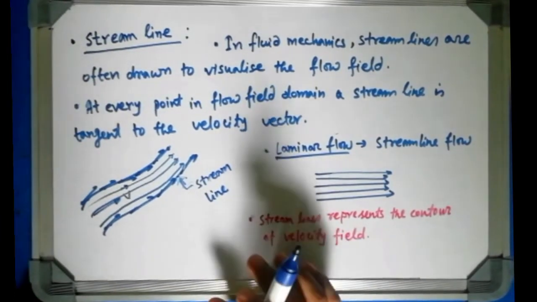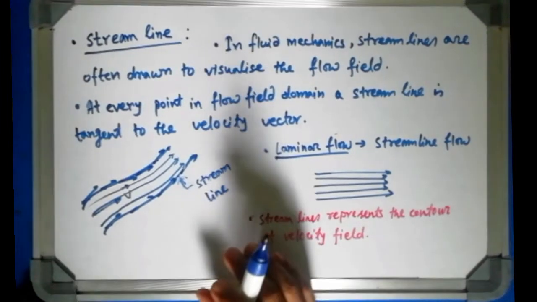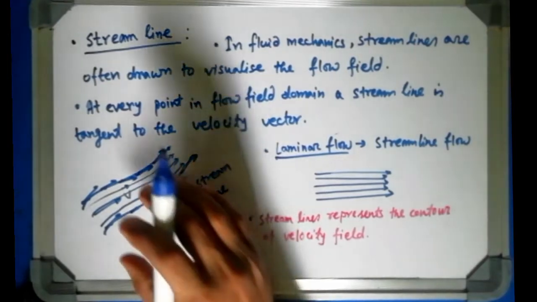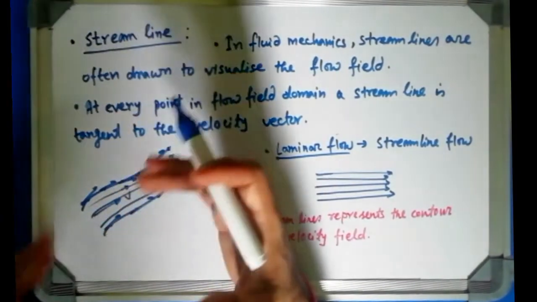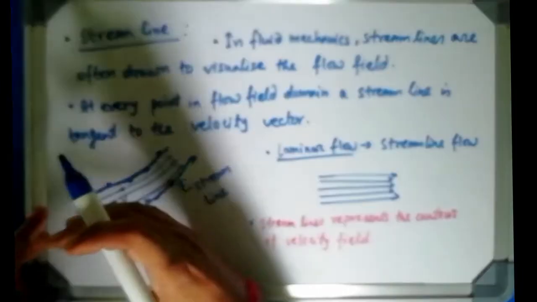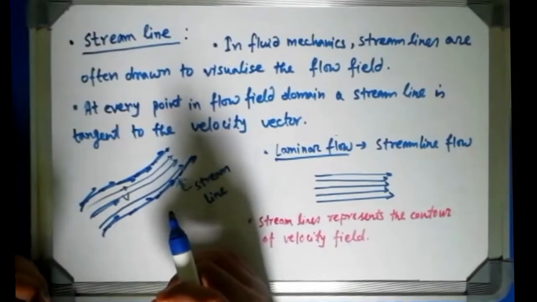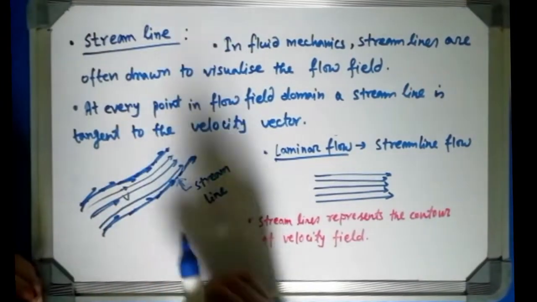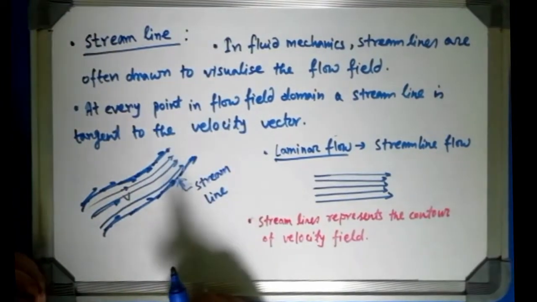That means if we draw multiple streamlines, they can be visualized like a cylinder, a bunch of streamlines getting the shape of a cylinder, or you can say a tube.